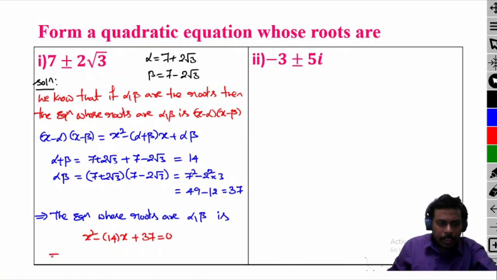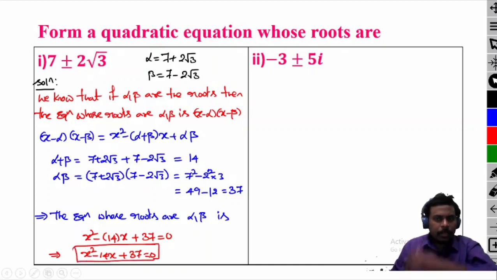So the final answer is x square minus 14x plus 37 is equal to 0. This is the final answer.